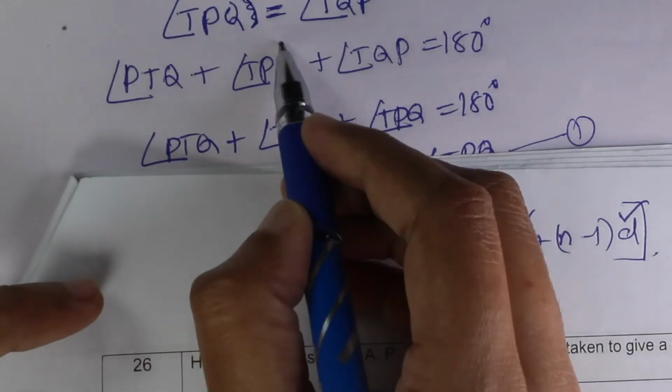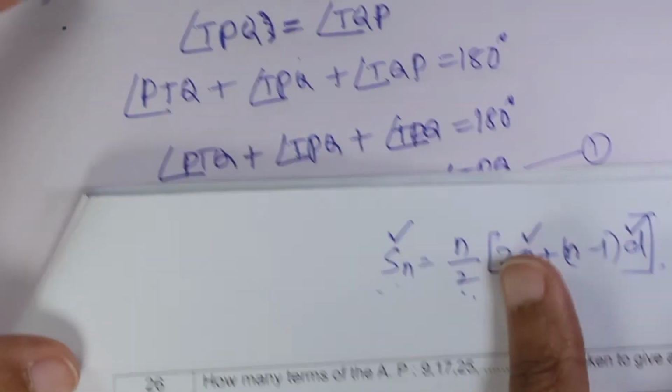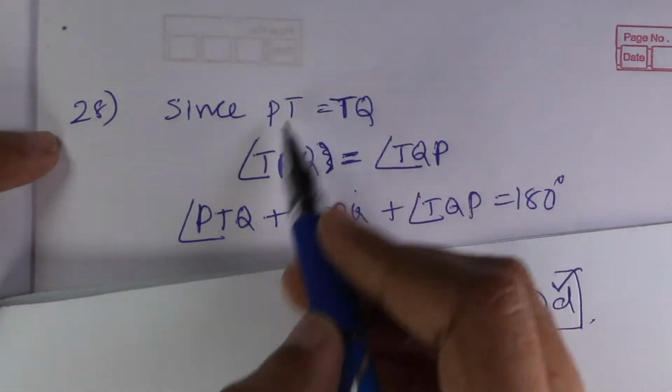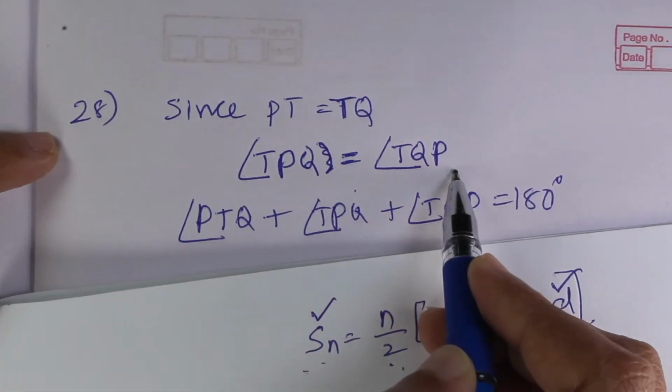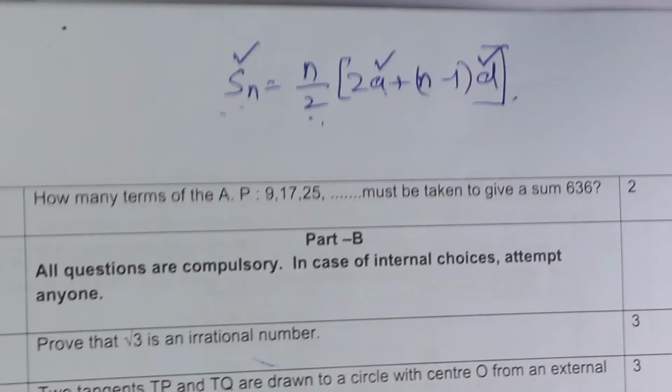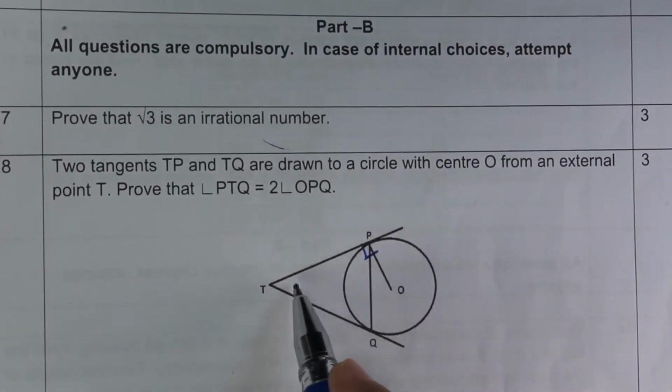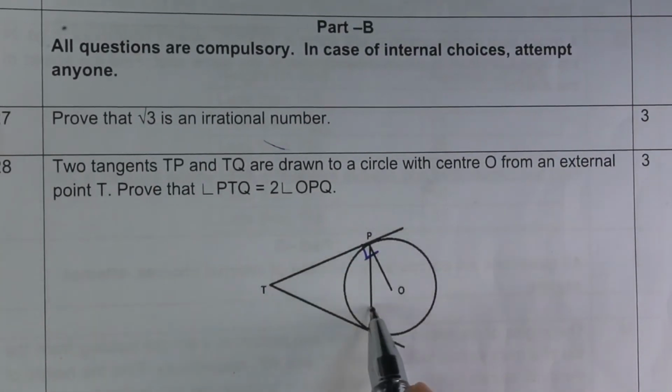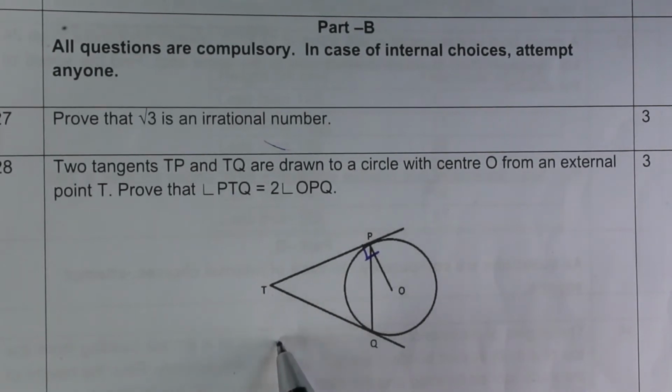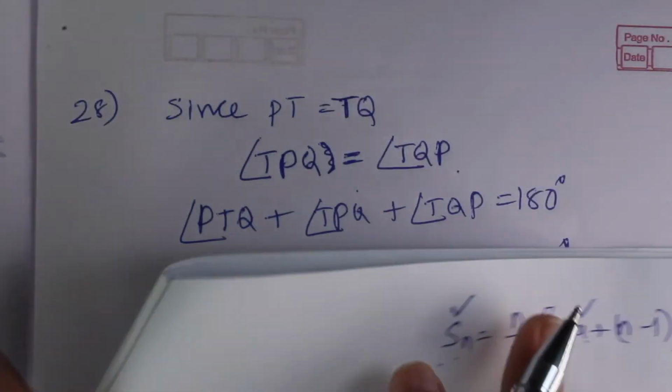So angle TPQ is equal to angle TQP. But in the triangle TPQ, we know that the sum of all the angles is 180 degrees.